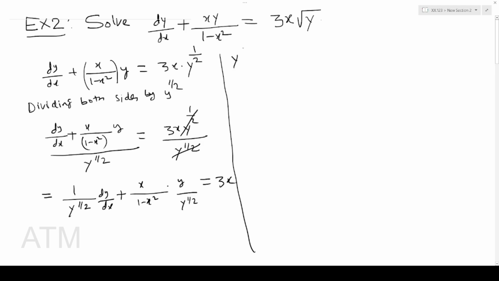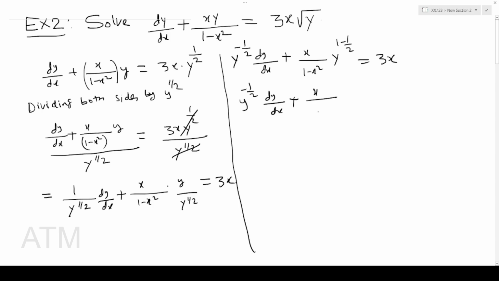After that, this can be written as y raised to minus 1 by 2 dy by dx plus x upon 1 minus x square y raised to 1 minus 1 by 2 equals 3x. So this can be written as y raised to minus 1 by 2 dy by dx plus x upon 1 minus x square y raised to 1 upon 2 equals 3x. Now let y raised to 1 upon 2 equal z, differentiating with respect to x.